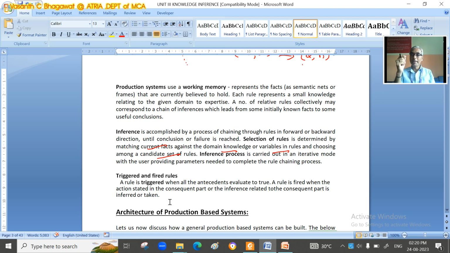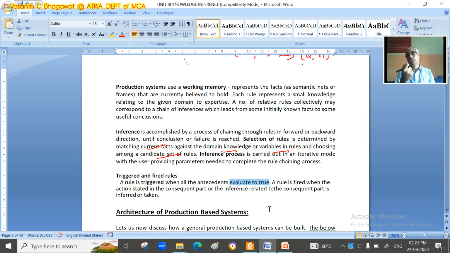The fourth one is the rule applier. Similarly, here we are talking about triggering. A rule is triggered when all the left hand sides become true when evaluated. So when these left hand sides evaluate to true, your rule is triggered, or fired. Once the left hand side is true, you trigger that rule.